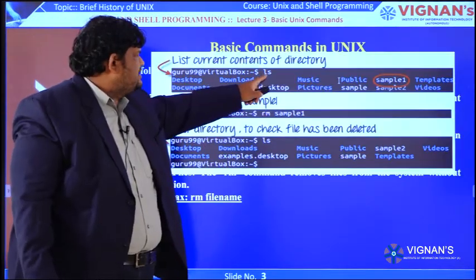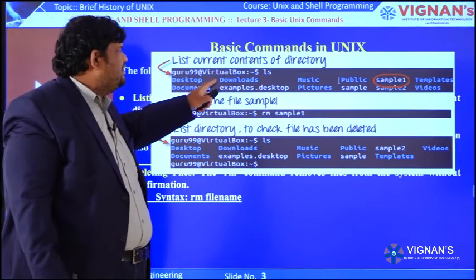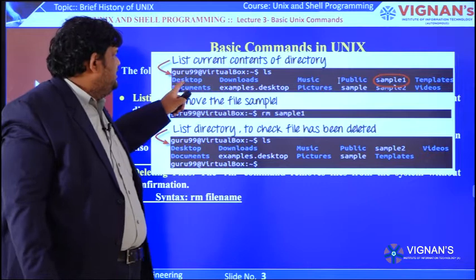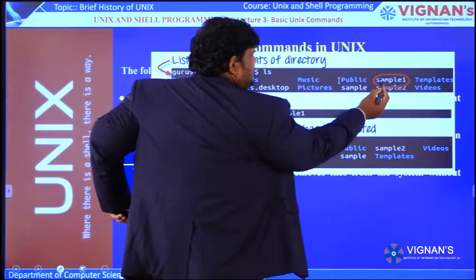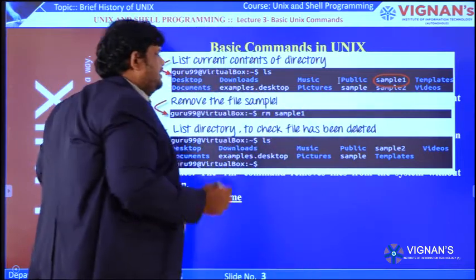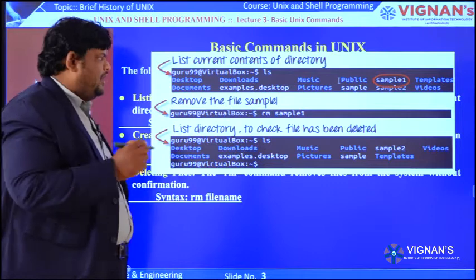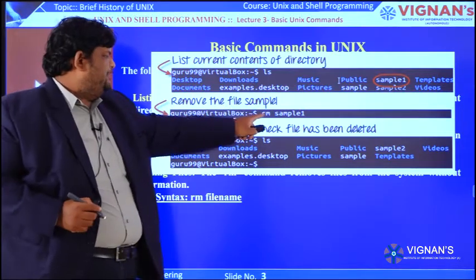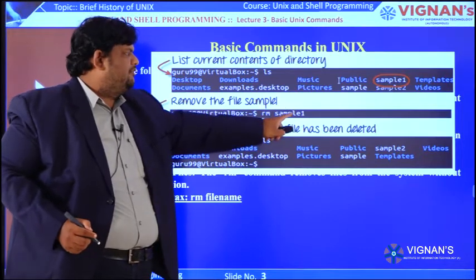ls, already we discussed, ls means listing the files. In the present directory, whatever files or directories are present, it displays all of them. Let us see here, sample1, one file is there. Now I want to remove that file, sample1. How is it possible? With the help of the rm command. So rm space sample1.